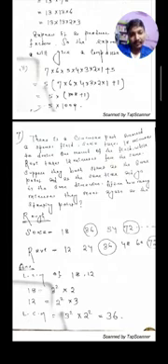Finally we get 36 minutes and also 72 minutes, and after 108 minutes they will also meet once again. But the question asks after how many minutes, meaning the minimum number of minutes after which they will meet each other.